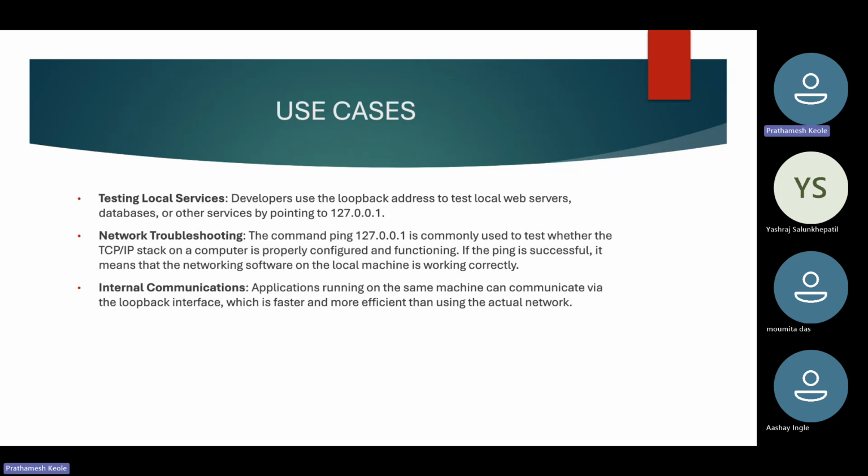The command ping 127.0.0.1 is commonly used to check whether the device's TCP/IP stack is properly configured and functioning. If the ping is successful, it means that the networking software on the device is working correctly. It is also used for internal communications, where applications running on the machine can communicate through a loopback interface, which is faster and more efficient than using the actual network.